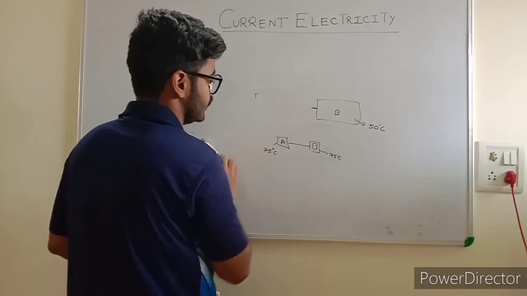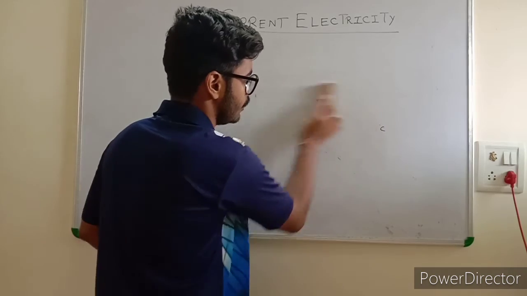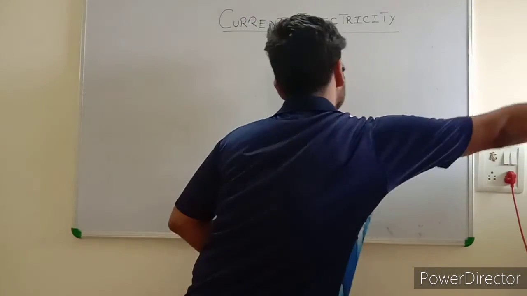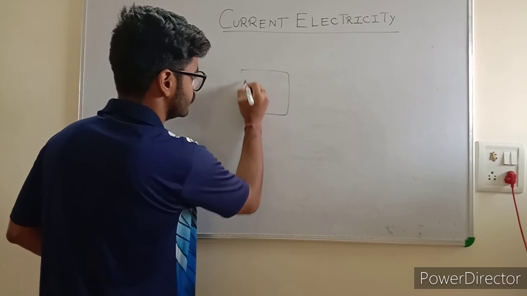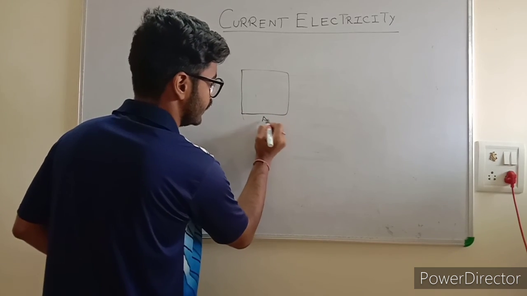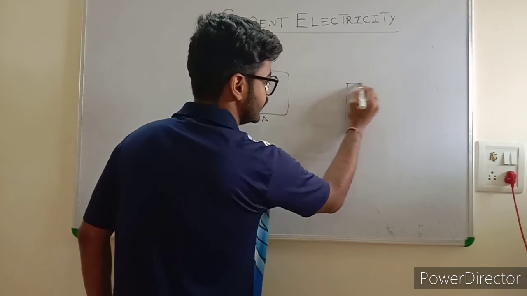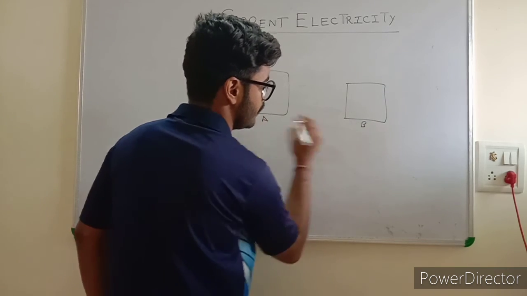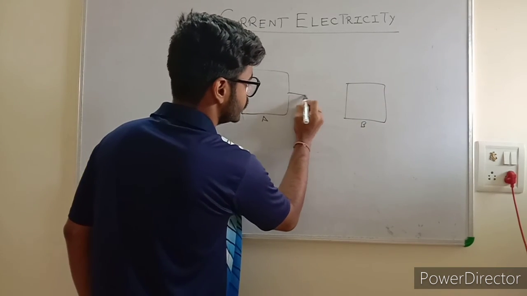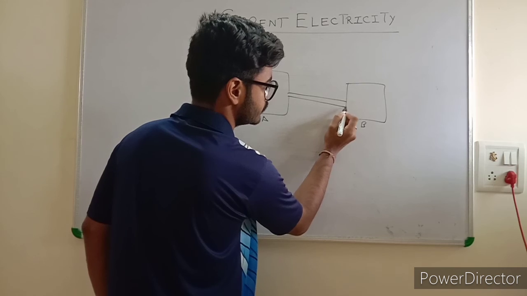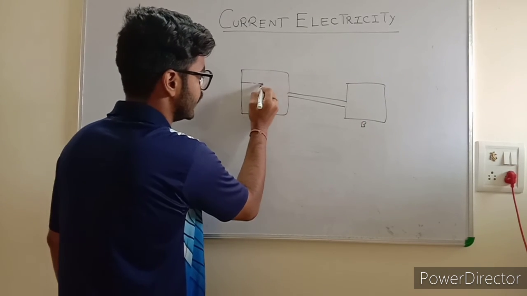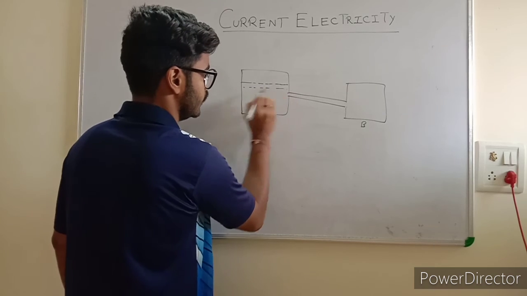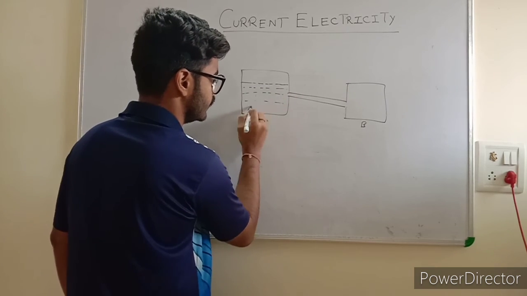I will give you another example. Let us suppose this is container A and this is container B. Both are connected. Container A has more water in it, it is filled up till here.